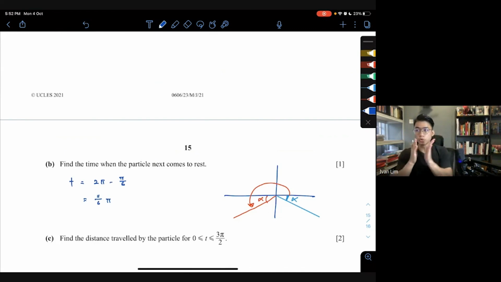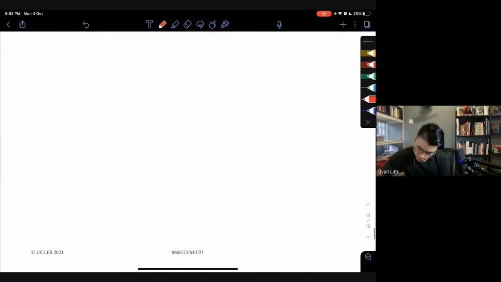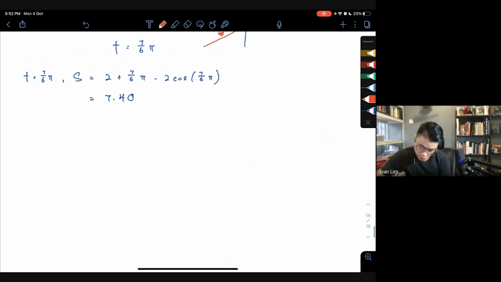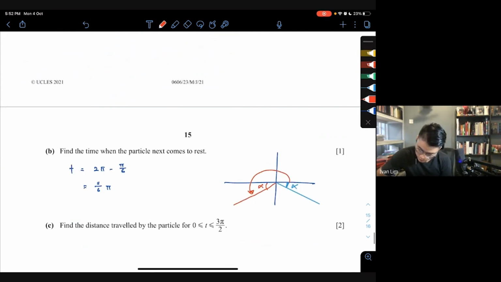So you know that this 2 time, just now, was t equals 7 over 6 pi and t equals 11 over 6 pi. This is when the particle is at instantaneous rest.